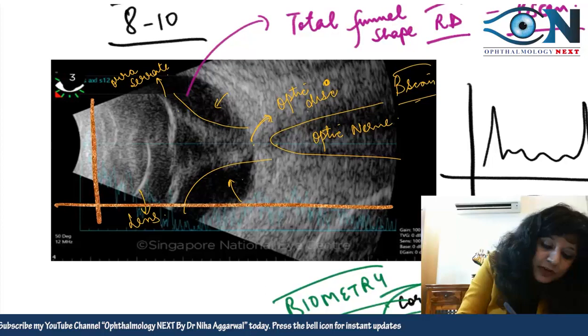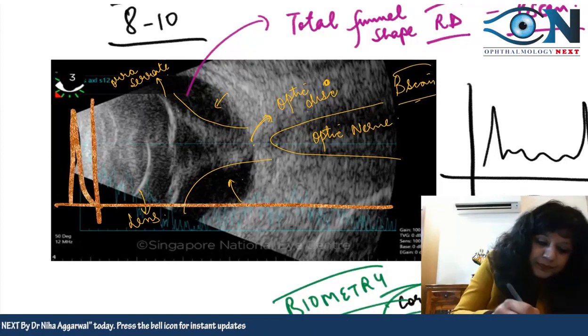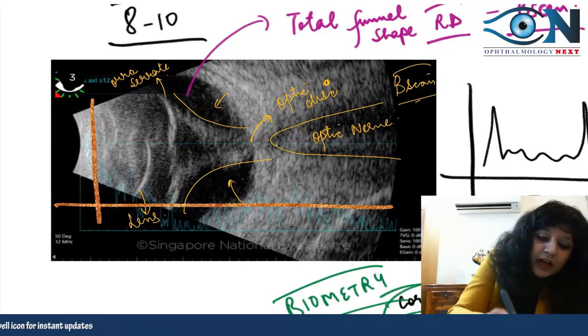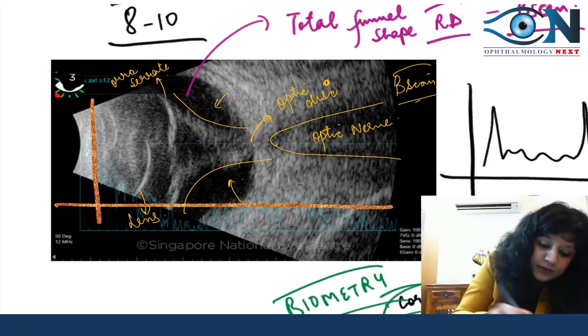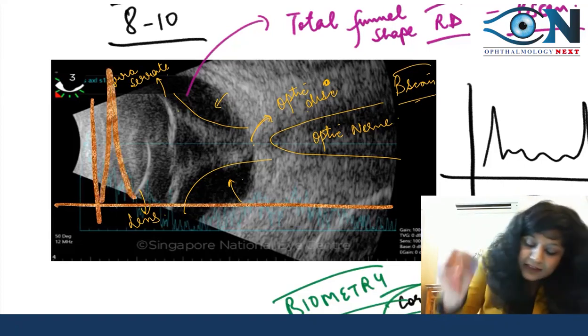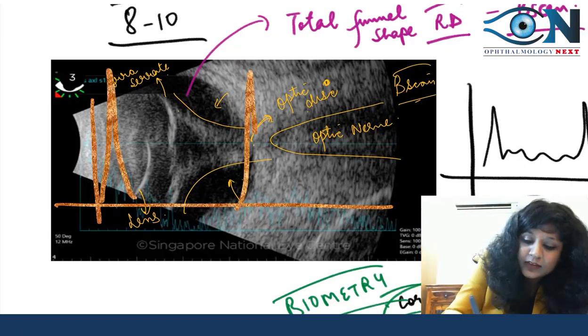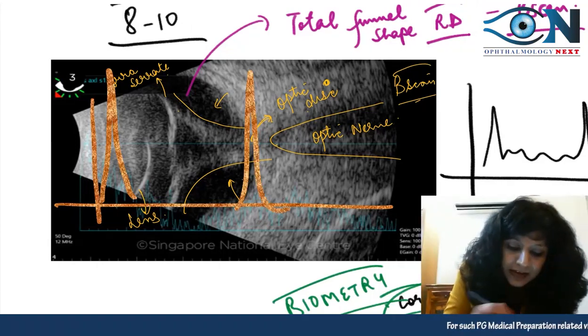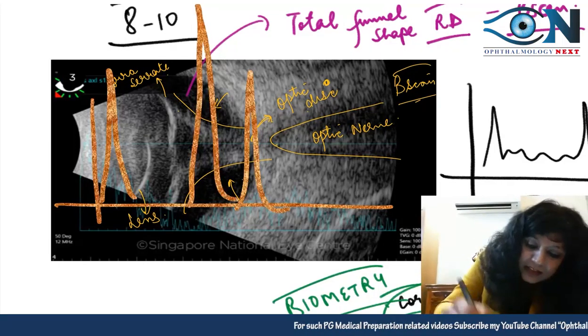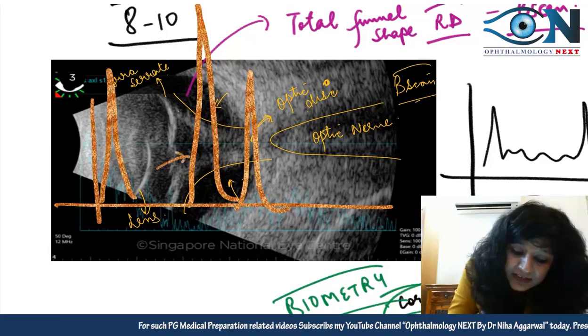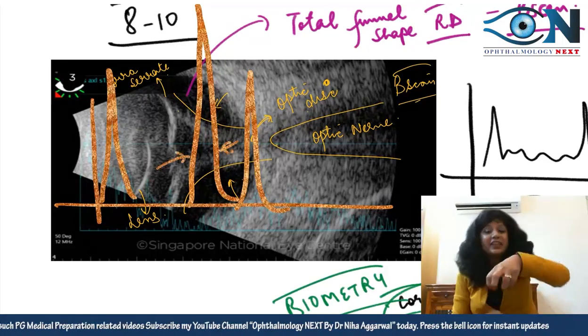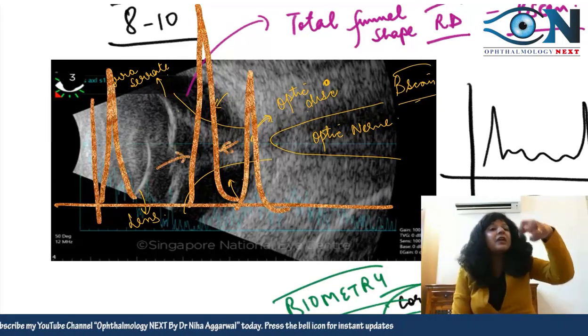Normally we should have a high spike on the cornea like this, and then a high spike on the sclera, right? But if I'm getting a high spike in the mid also, that means there is something lying in the vitreous cavity which is dense enough.